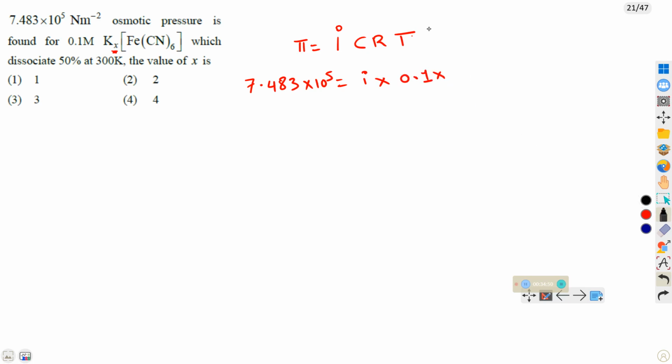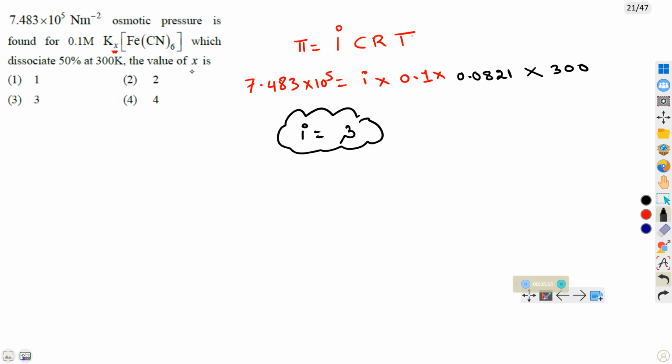R value taken in terms of liters, 0.0821 liter atmosphere mole inverse Kelvin inverse. Temperature 300. Calculate the value of i. Simplify. Then nearly i value you will get 3. I value is 3.